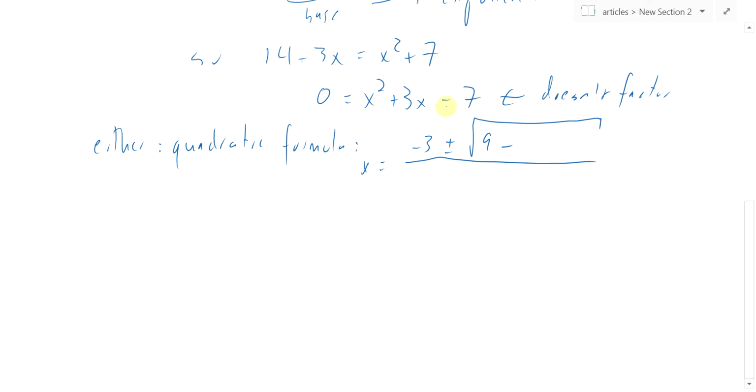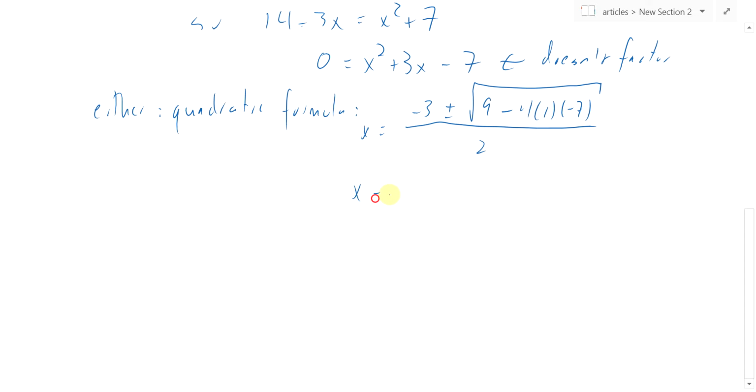You have to be a little bit careful here because there's a minus on the 7, so 4 times 1 times minus 7, all over 2a, and a is 1, so it's just over 2. Minus 3 plus or minus the square root of 9 minus 4 times minus 7, which is a plus 28, all over 2. X equals minus 3 plus or minus square root of 37, all over 2.